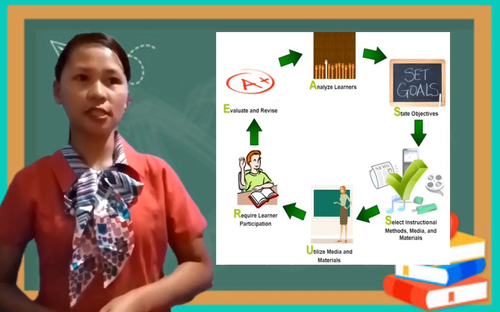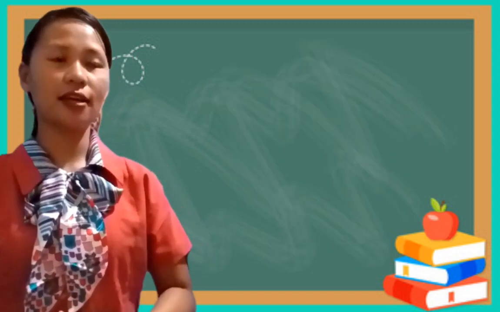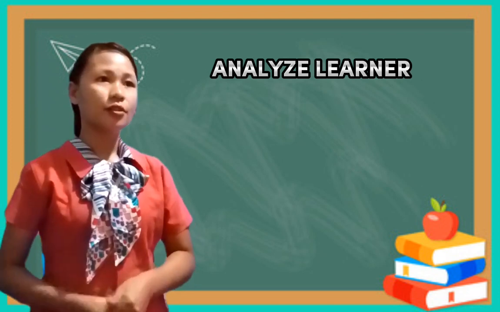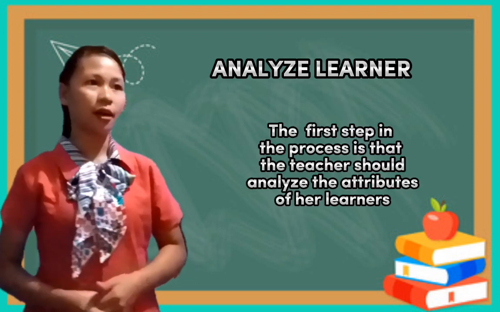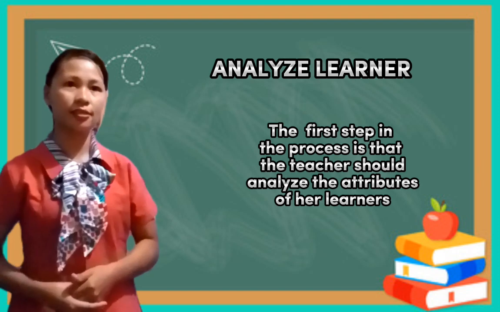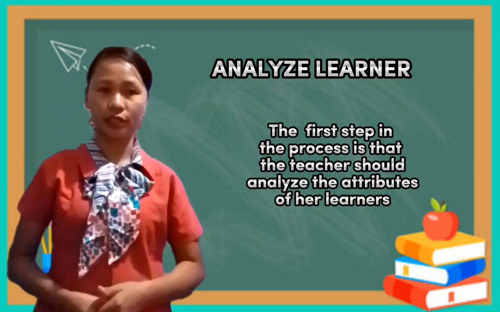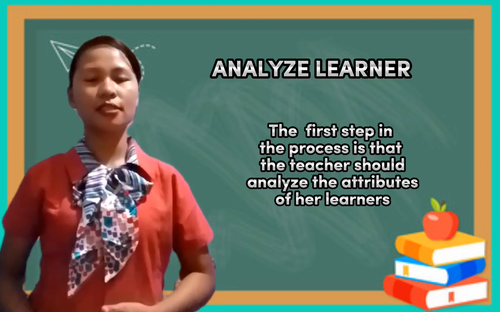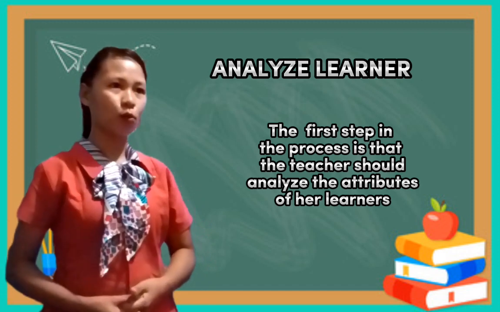First, let's discuss Analyze Learners. The first step in the process is that the teacher should analyze the attributes of her learners. This is the description of the class as a whole.